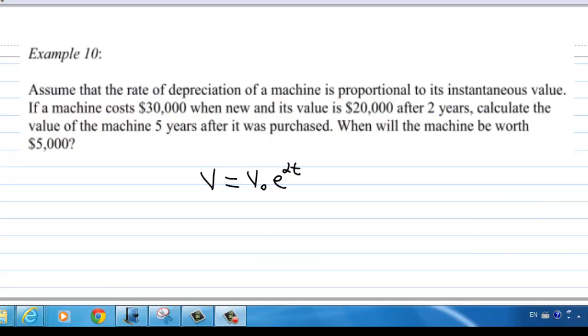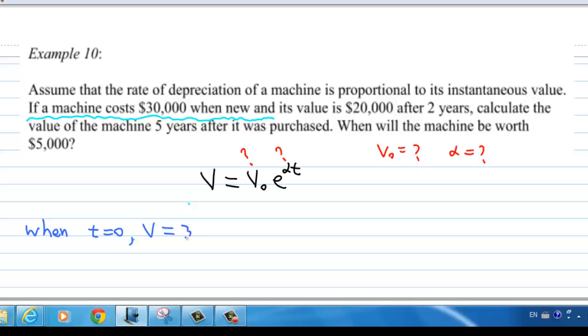Now, what is the value of V naught and alpha? Let's go back to the question. It says that initially the machine costs 30,000 when it is brand new. This actually tells us when time t equals 0, the value of the machine is 30,000. So put this information into the expression: t equals 0, V equals 30,000.